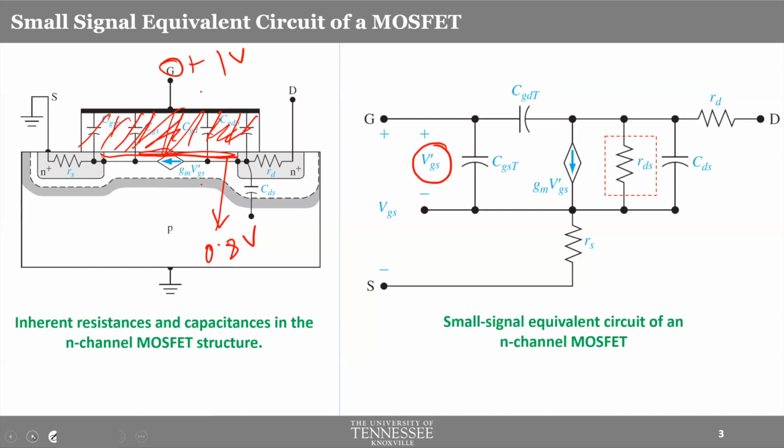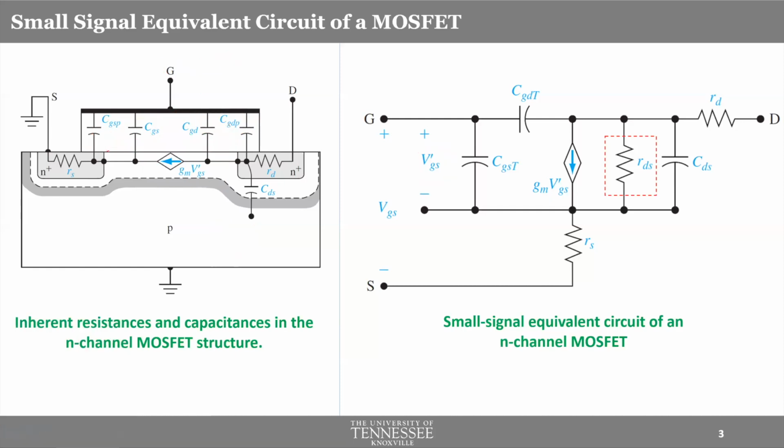This is the internal gate, which actually determines the characteristics of the channel, not the external gate. The internal surface determines the overall characteristics, right? So this VGS dash represents the effective voltage that we will eventually get at the internal gate after all of these losses. Okay, and that's what you see here, VGS dash.